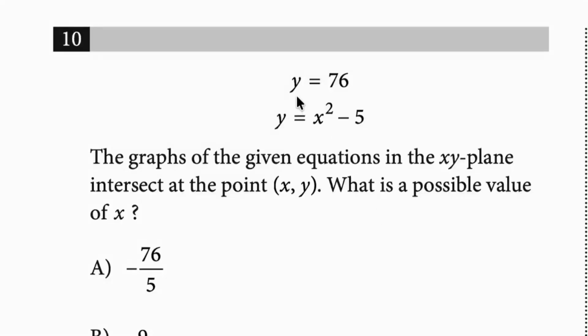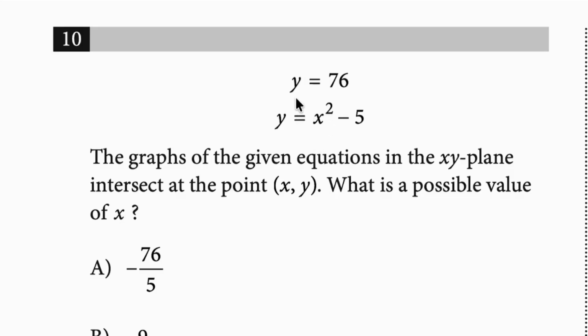Question number 10th. y is equal to 76 and y is equal to x squared minus 5. Okay. The graphs of the given equations in the xy plane intersect at (x, y). What is the possible value of x? So that means whatever are the values of x and y, they will satisfy both.